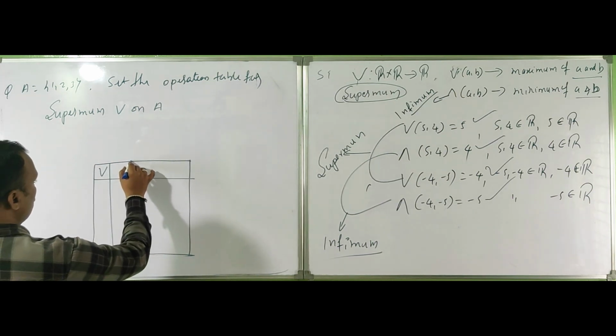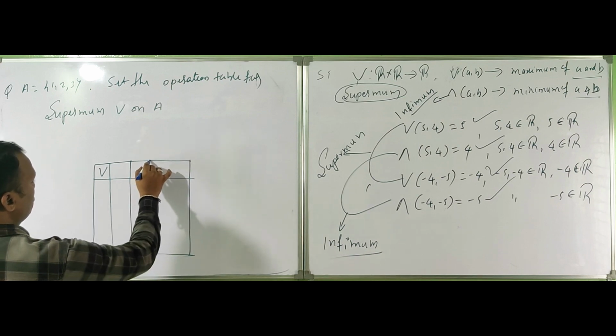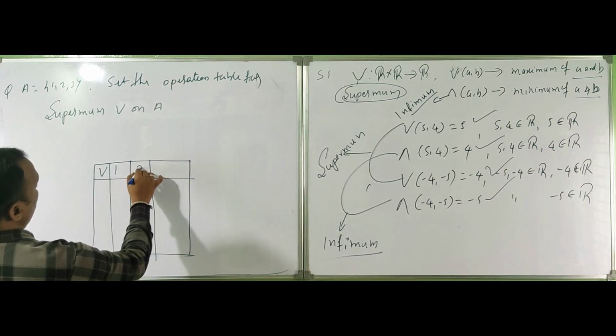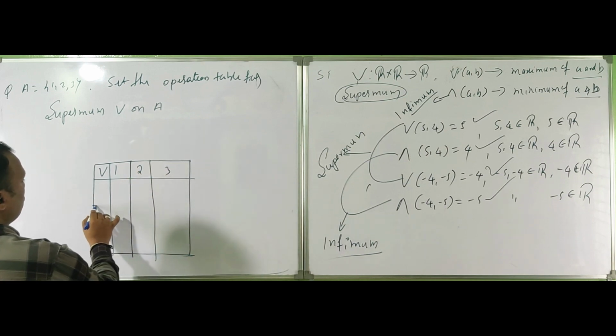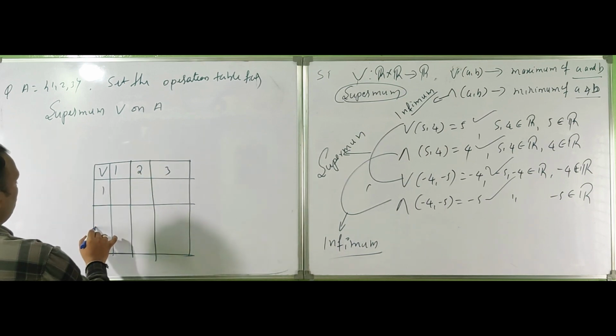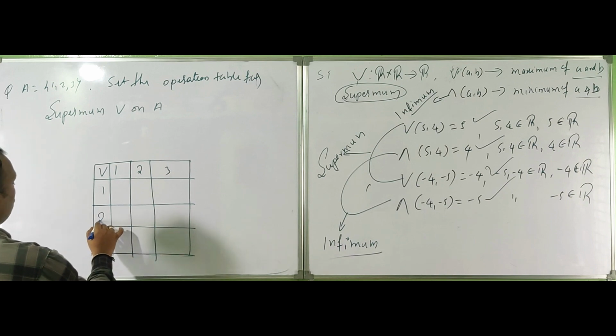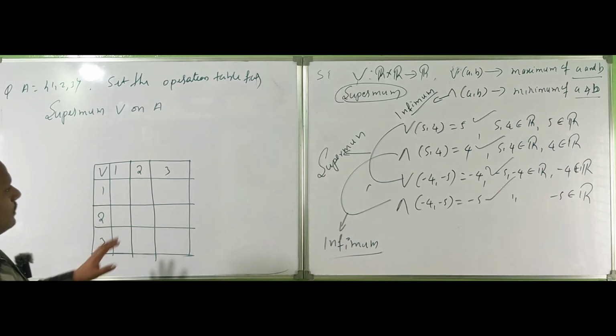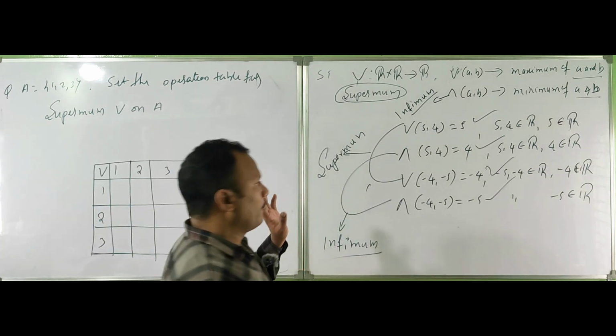Then take rows similar to the number of elements: 1, 2, 3. And take columns similar to the number of elements: 1, 2, 3. This is the composition table.